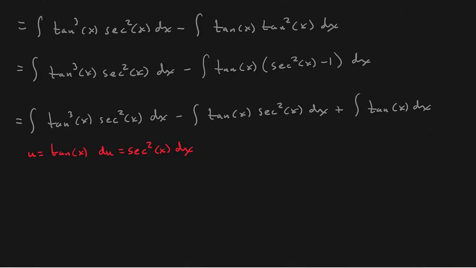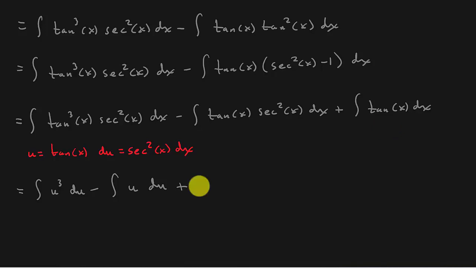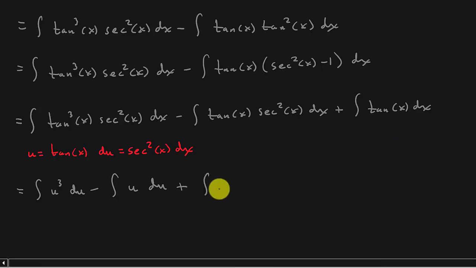And so that is going to give me the integral of u cubed du, minus the integral, and same here, tangent's going to be replaced with u and secant squared dx is going to be replaced with du, plus, oh, look at this, we've got the integral of tangent x. Well, that's easy. We'll integrate it after we do it all at the same time. So let's just write it down again.